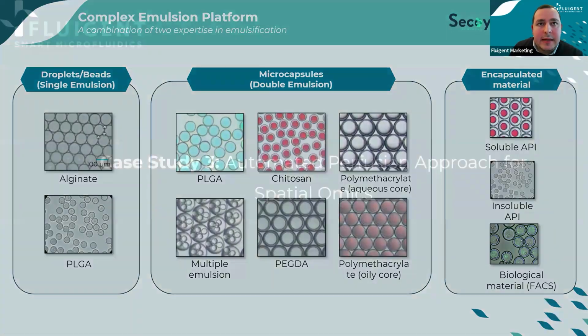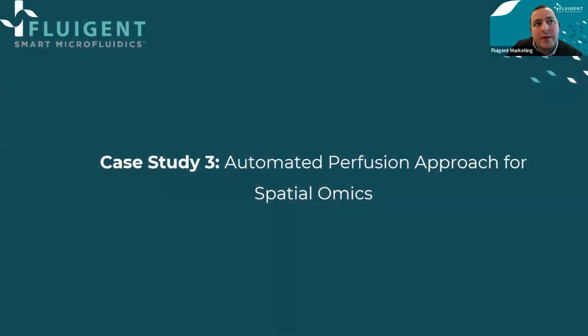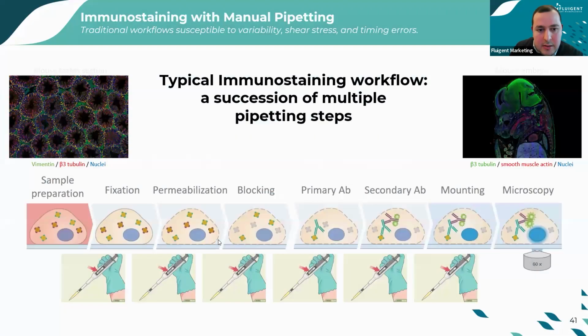And finally, now we will move quickly to the last case study, about an automated perfusion approach for spatial omics, which is also a field that can gain a lot from the advantages of microfluidics. Basically, traditional immunostaining workflows rely on manual pipetting to add antibodies, wash buffers, and other reagents.